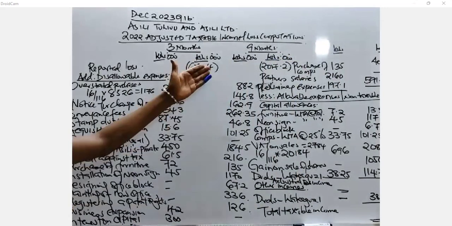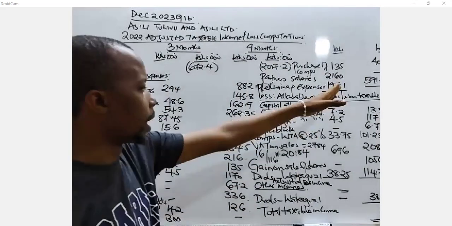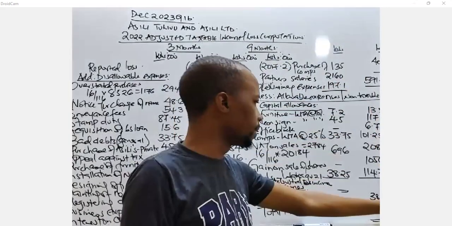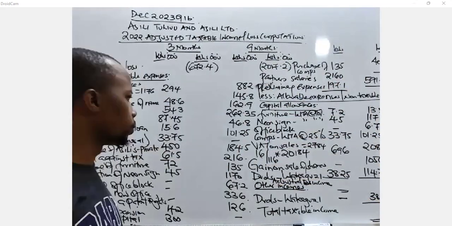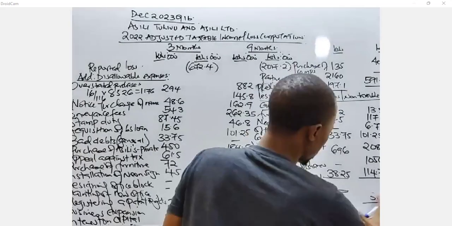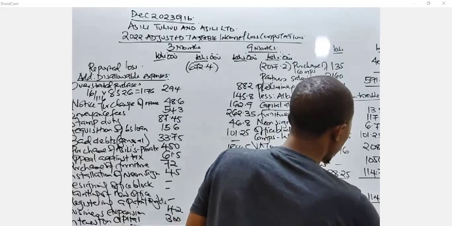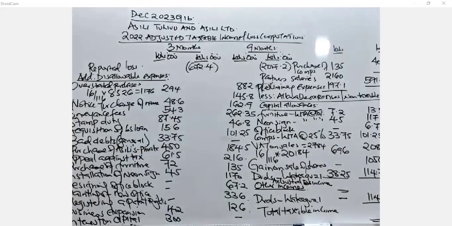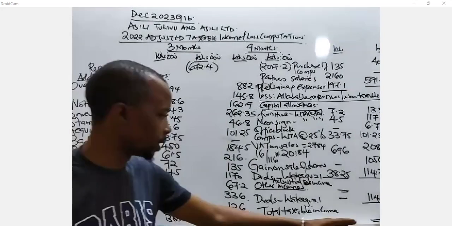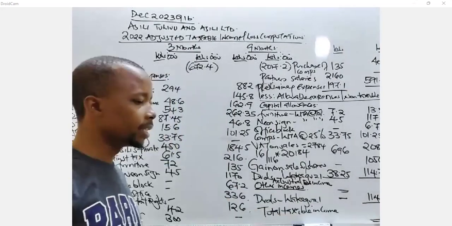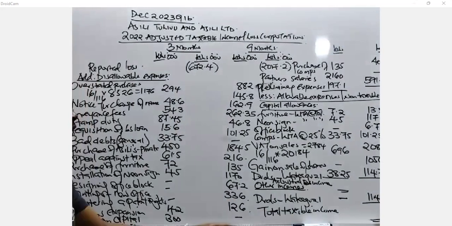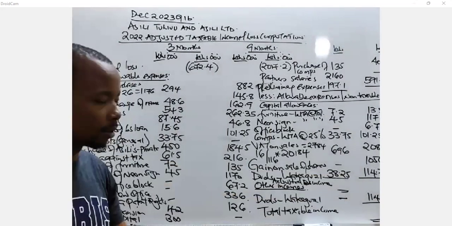So after you add all of these, plus these, and then you deduct all of these, you fail to get a positive figure. This should be 114, sorry. If you add all of that and you fail on the side of the company, if you fail to get a positive figure here, the total taxable income still becomes a loss. The adjusted business income still becomes a loss.